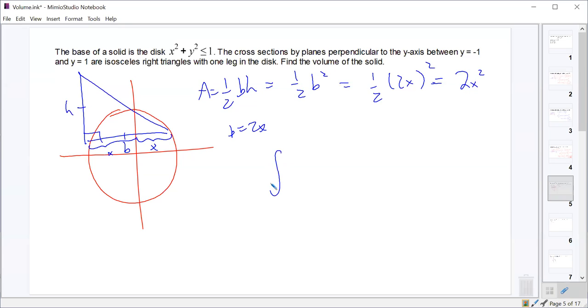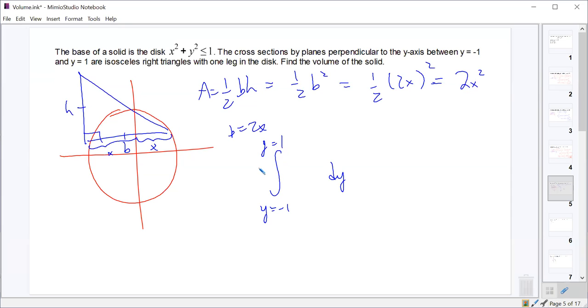Okay, so now we're going to integrate, but since our cross sections are perpendicular to the y-axis, that means that these have a very small thickness in which direction? Y. In the y direction, which means that they have to be done in terms of y. And we're going to integrate from y equals -1 to y equals 1.